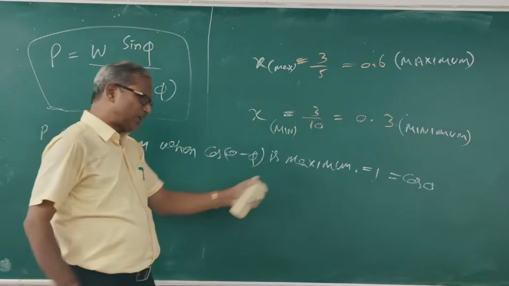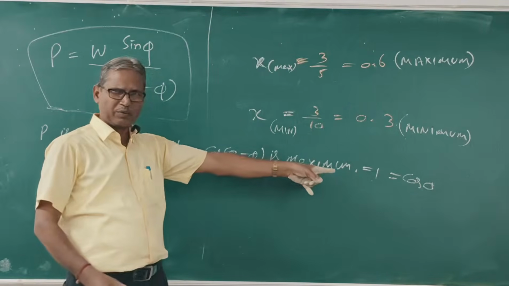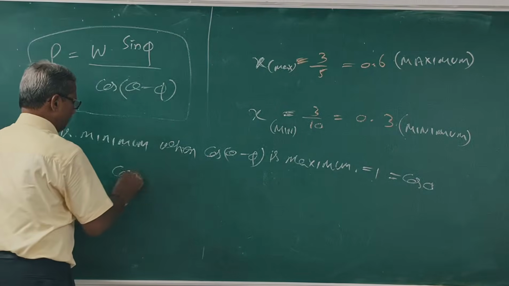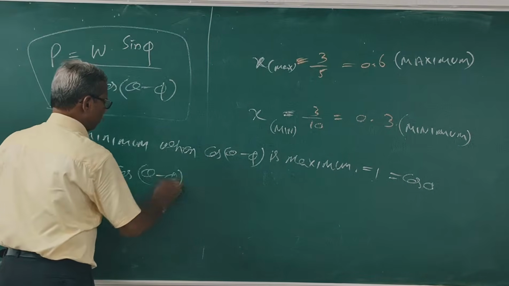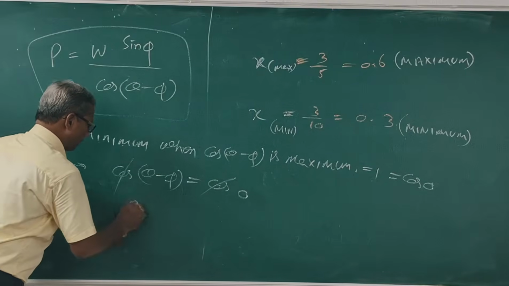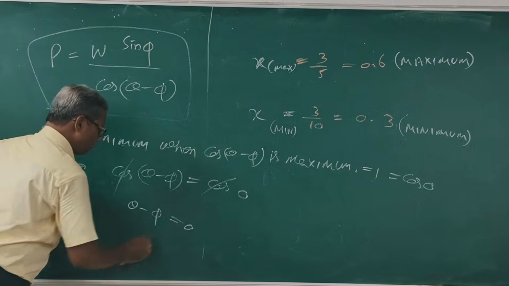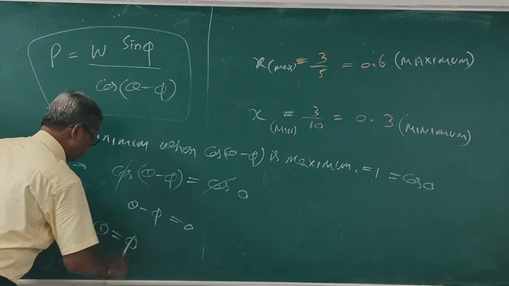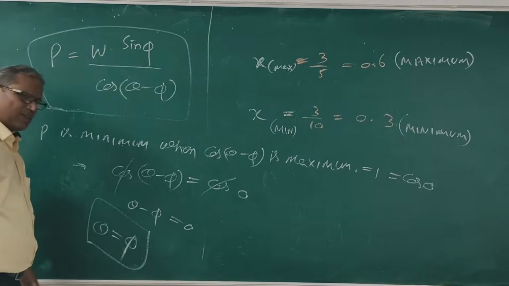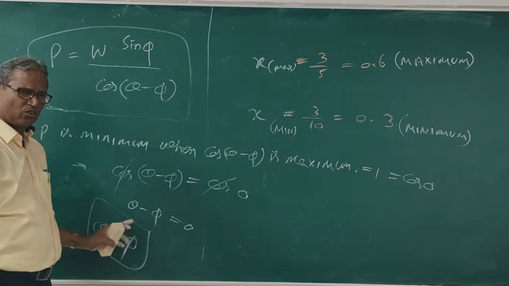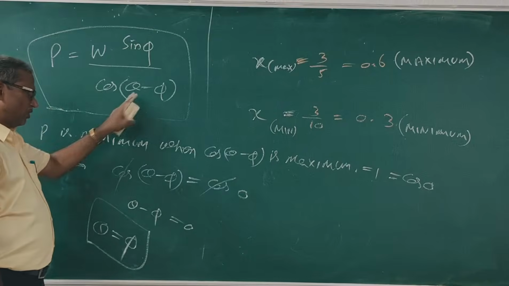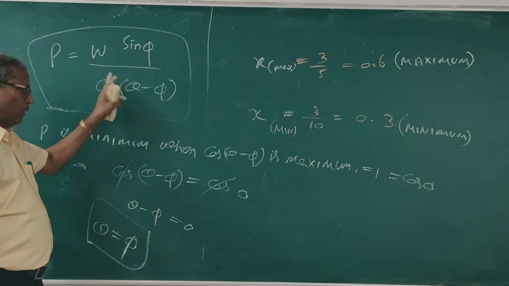That means cos 0. This implies cos of theta minus phi is equal to cos 0. Cos cancels on both sides, so theta minus phi is equal to 0. Theta is equal to phi. So to get the minimum value, we apply theta equal to phi. That means this is equal to 1.